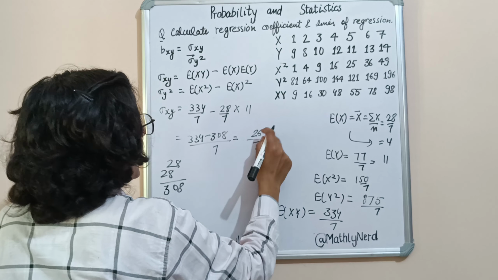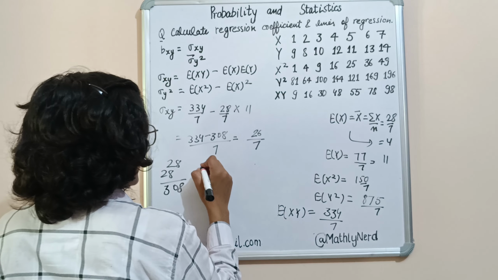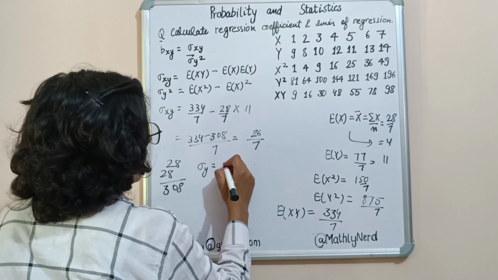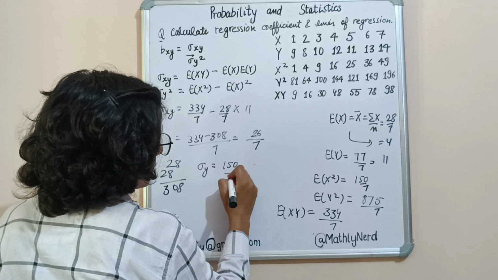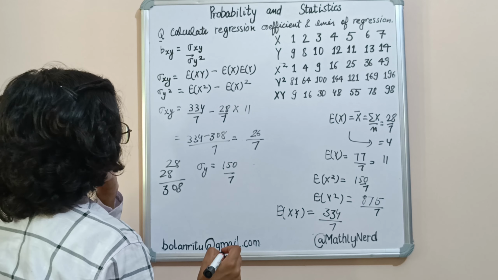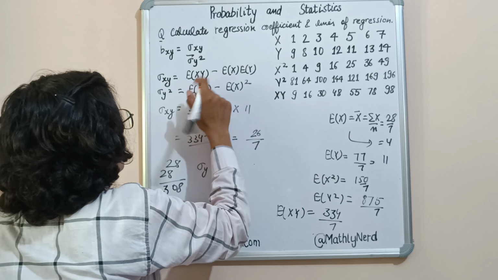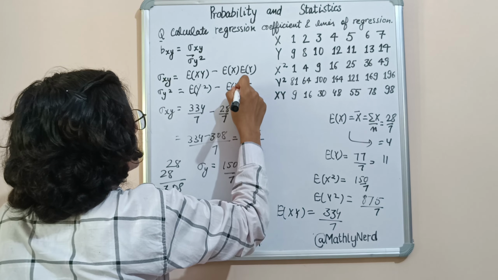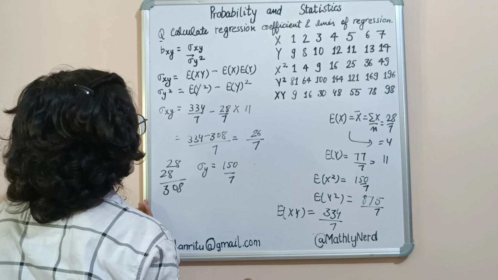So sigma xy is 26 by 7, and sigma y square is E of y square, 150 by 7 minus E of y whole square.